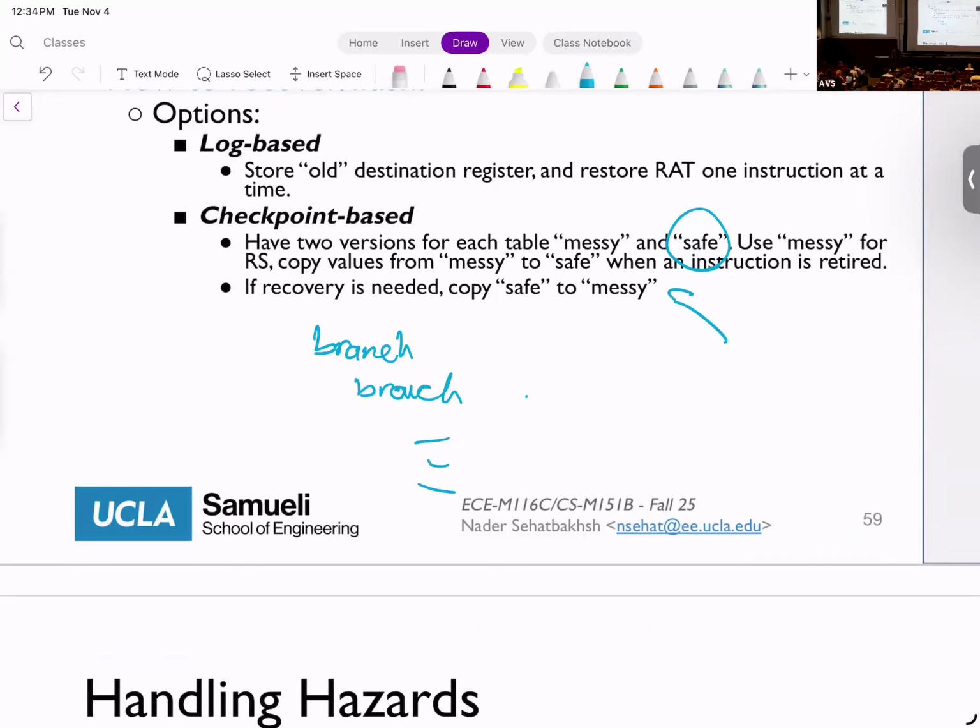So when I see this branch is resolved, I no longer need to maintain a checkpoint for it because it's no longer speculative. Once I see that this instruction is no longer speculative, I let go of that checkpoint.